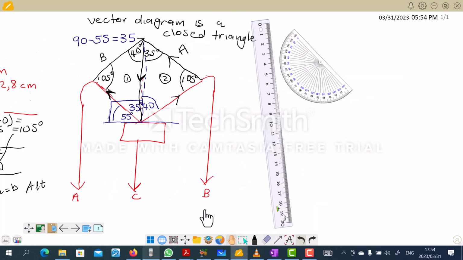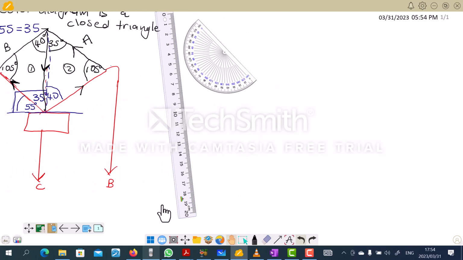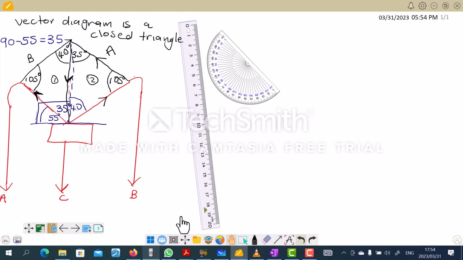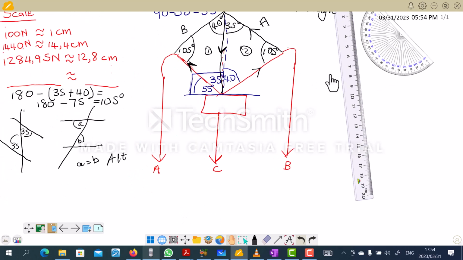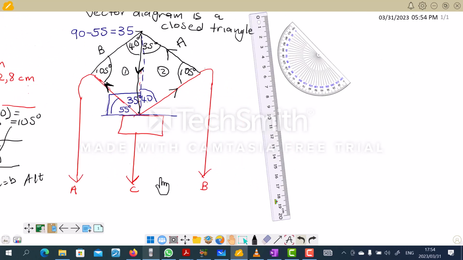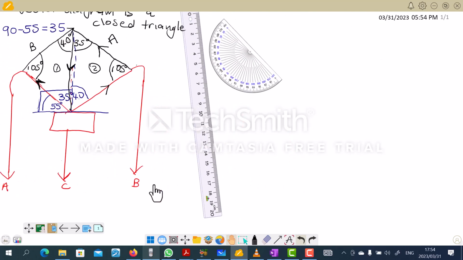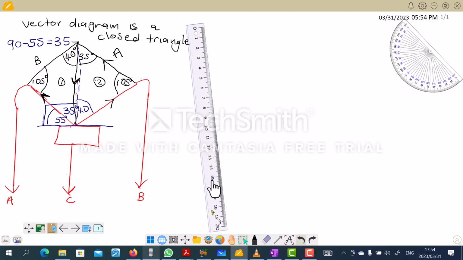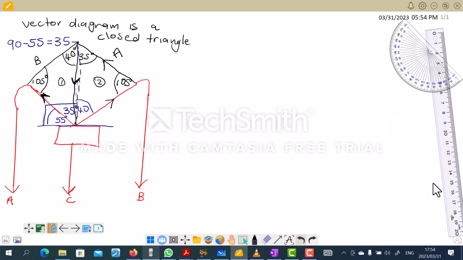Let's create space here. I have my tools with me. I'm going to use now these two tools, the protractor and my ruler. Let us not forget the magnitude of these two vectors.